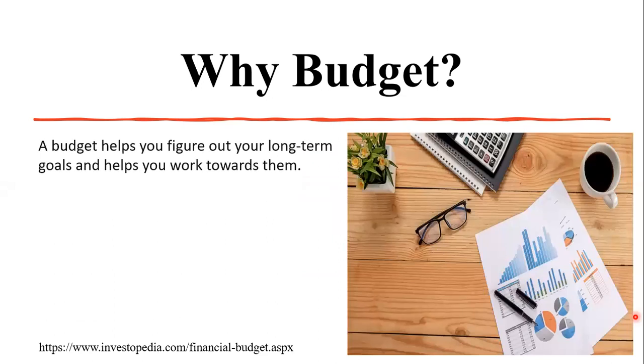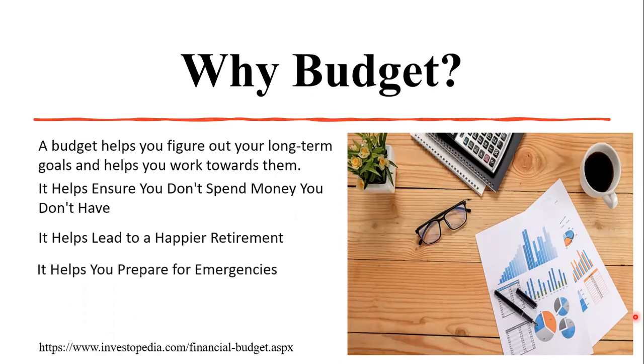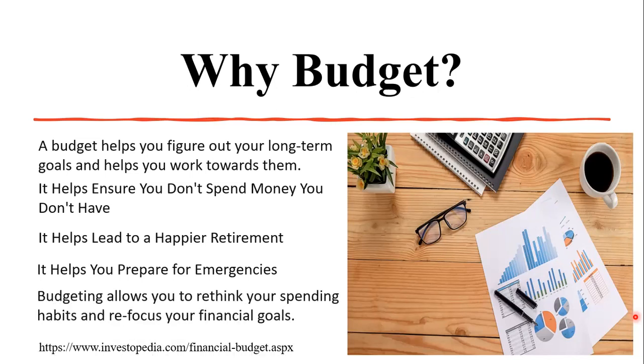A budget helps to figure out your long-term goals and helps you work towards them. It helps ensure that you don't spend money you don't have. It helps lead to a healthy retirement. It helps to prepare for emergencies. Budgeting allows you to rethink your spending habits and refocus your financial goals.